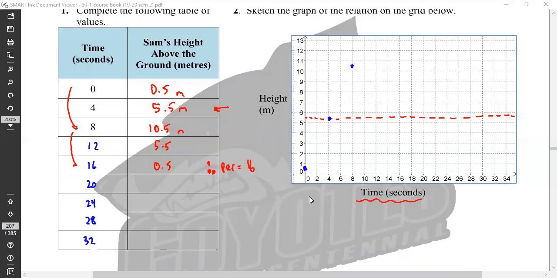If we continue on with this behavior, he goes back up: 5.5, 10.5, 5.5, 0.5. As we start to graph this out, every 4 seconds he's either at a minimum, a median, or a maximum, or a median, or a minimum.